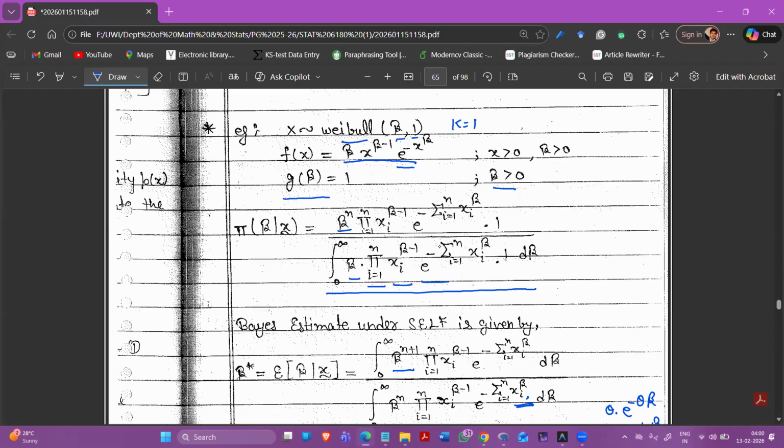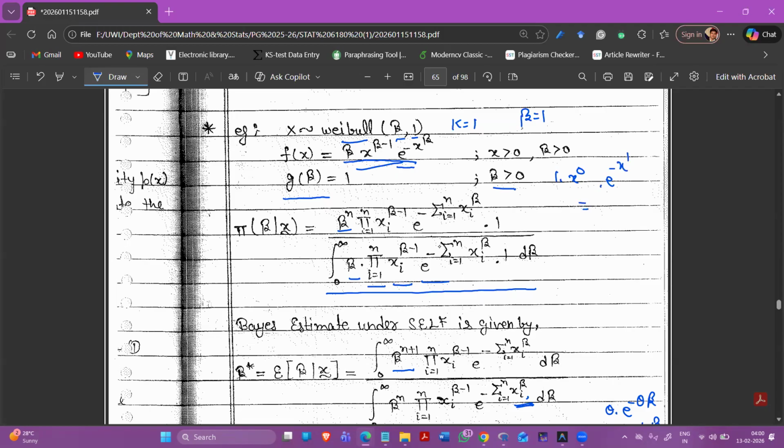If in this density I put beta equal to 1, what does it become? 1 into x raised to the power 1 minus 1 into e raised to the power minus x raised to the power 1.